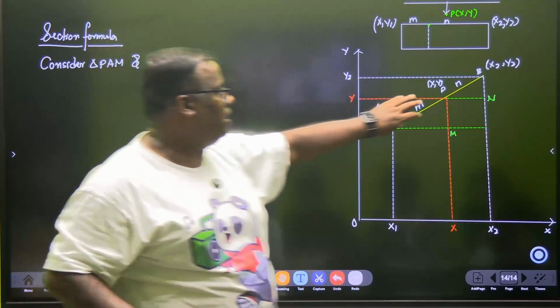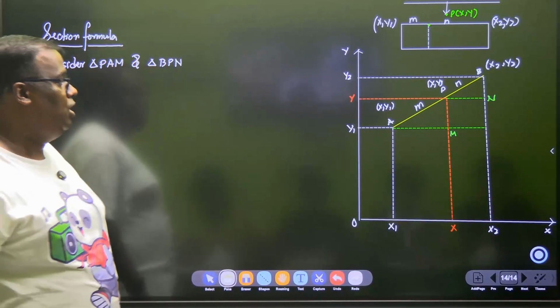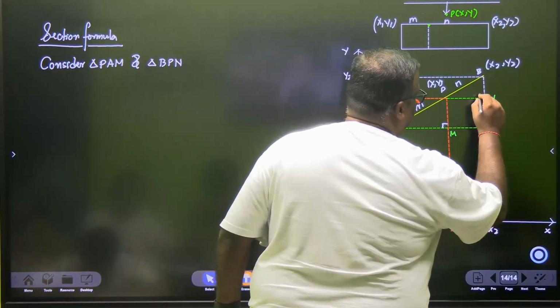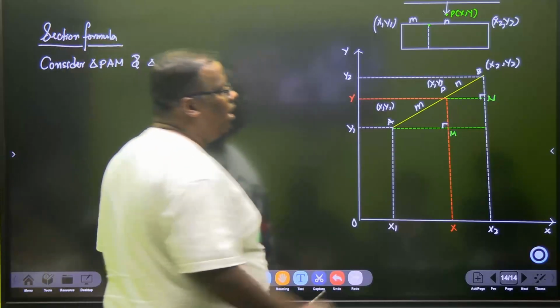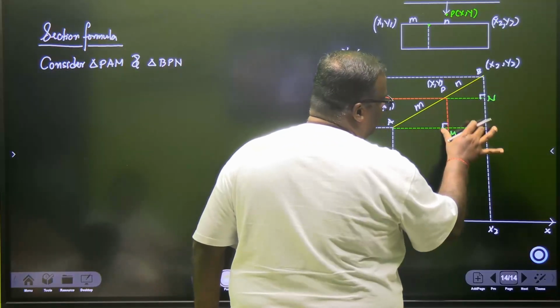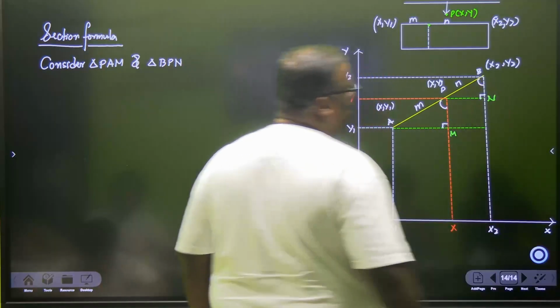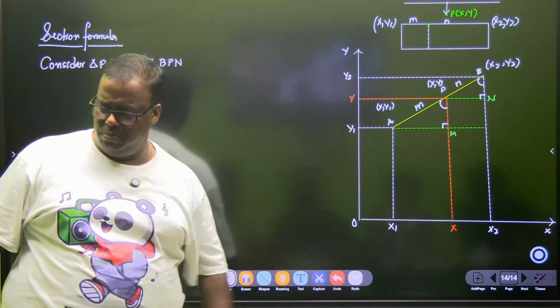So this triangle and this triangle. Okay? If you look at these two triangles, then this angle is 90 and this angle is 90. Right? And these two being a parallel line and this being the transversal, this angle should be equal to this angle. Corresponding angles. So the two triangles are similar.